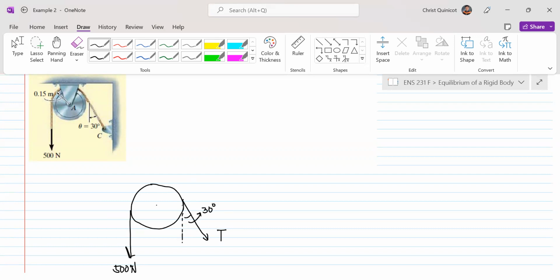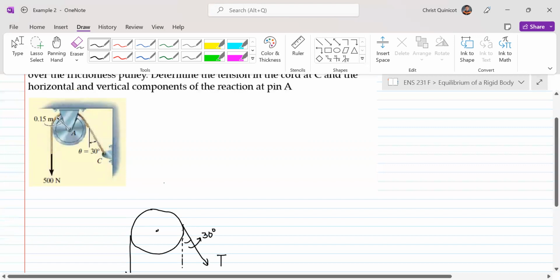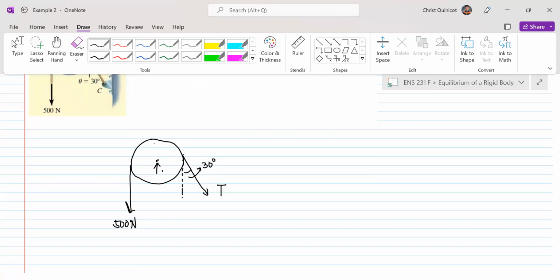Now, this is our pin A. So, of course, it says pin here. Therefore, it resists both vertical and horizontal. Let me use color red.